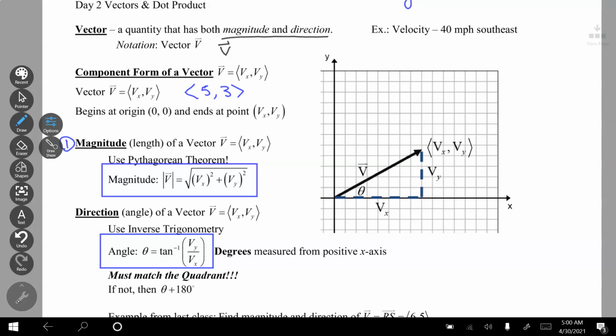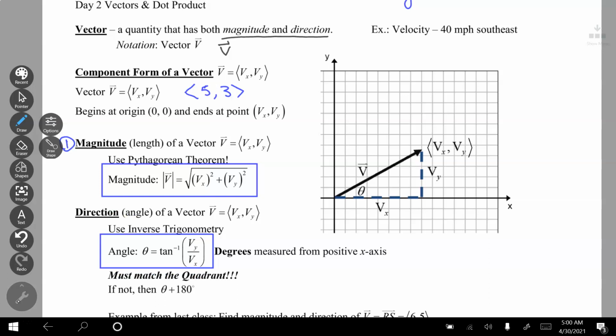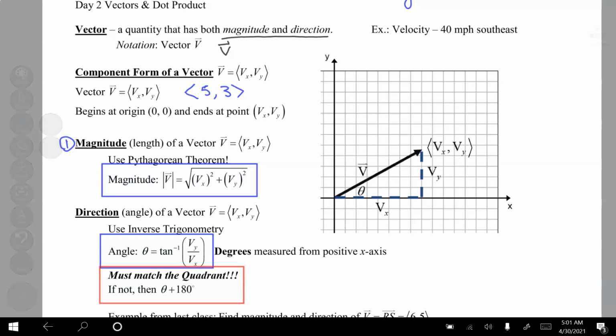We measure the angle from the positive x-axis, and when we do this inverse tangent in our calculator, we need to make sure that whatever angle we get on the calculator matches the quadrant of our component form. The inverse tangent can only give two quadrants: quadrant 1, positive angles; quadrant 4, negative angles. So if a vector is in quadrant 2 or quadrant 3, we have to add 180 degrees to that angle.